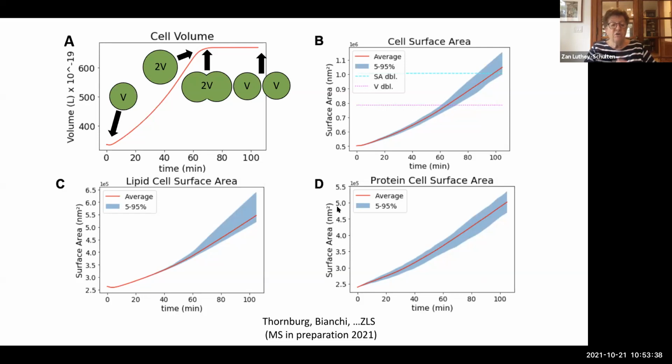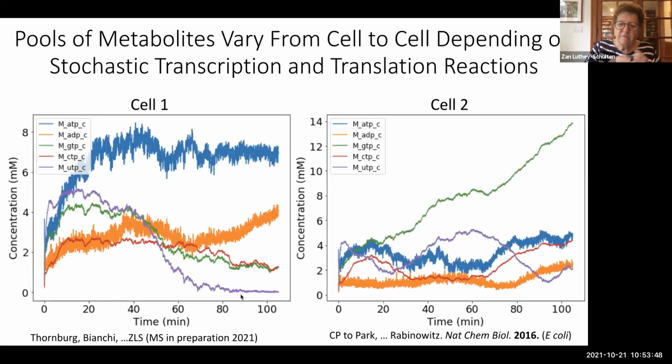And you can also look at the variation in the lipid content of the surface area as you're growing over this period. The other thing that you can do is to look at the pool of metabolites to see how much it varies from cell to cell. What we were particularly interested in are those metabolites that help you make either the messenger or the DNA.